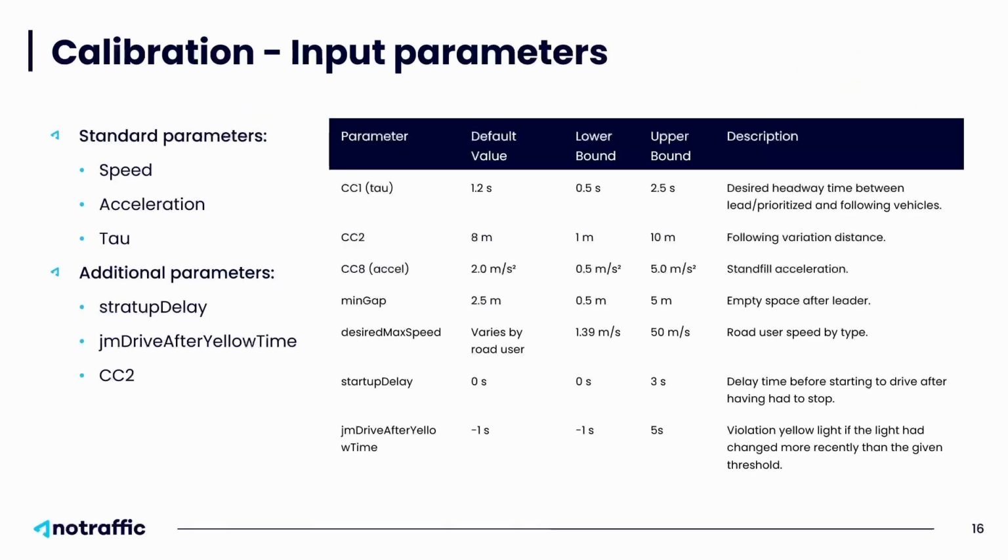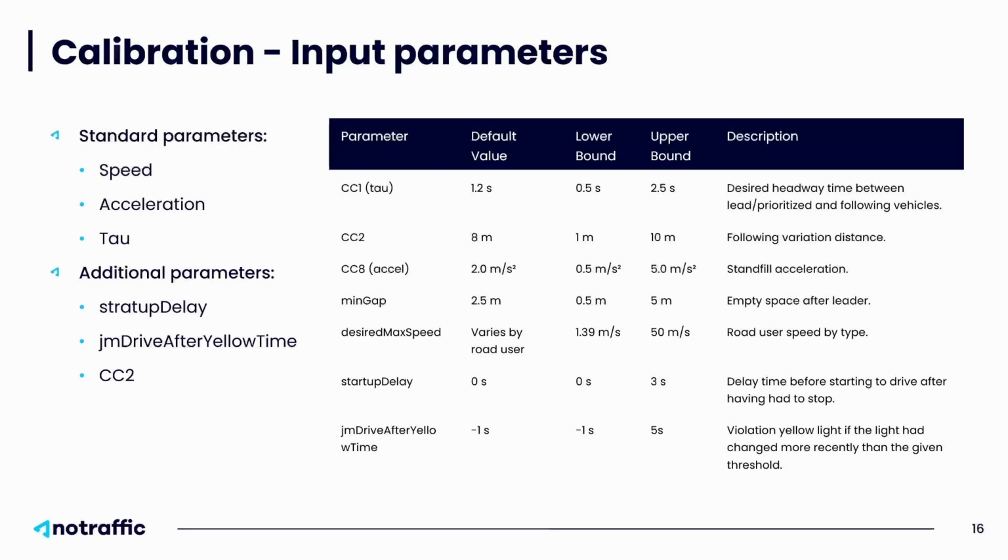Let's give more details about the input parameters. So here are the input parameters. It's not the full list, but it's a representative list. The standard ones are speed, acceleration, and tau. We found other additional parameters very useful. Maybe you want to try them in your models too. For example, startup delay.